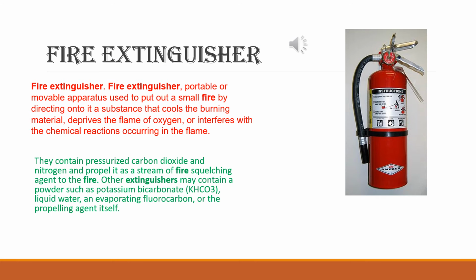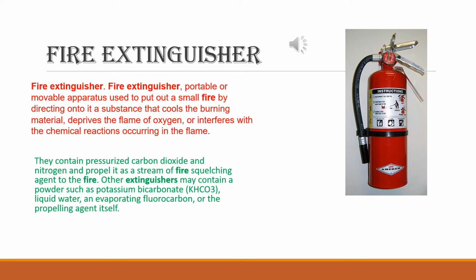What is a fire extinguisher? A fire extinguisher is a portable or movable apparatus used to put out a small fire by directing onto it a substance that cools the burning material, deprives the flame of oxygen or interferes with the chemical reactions occurring in the flame.